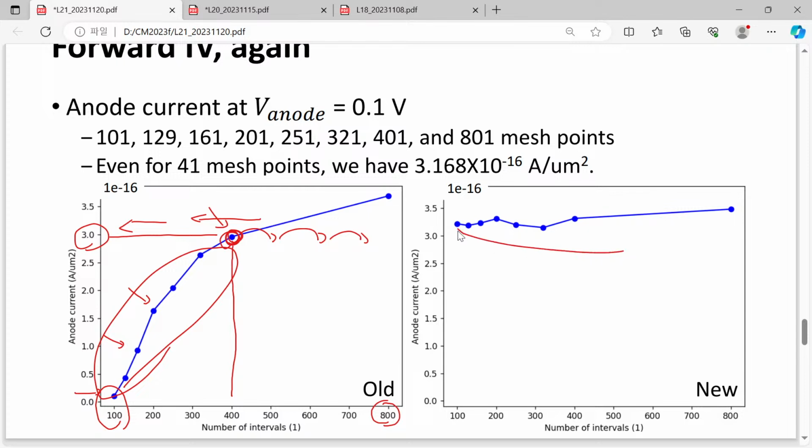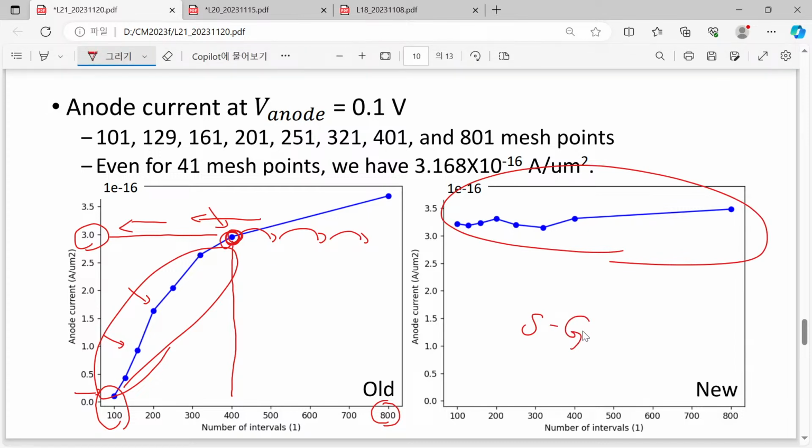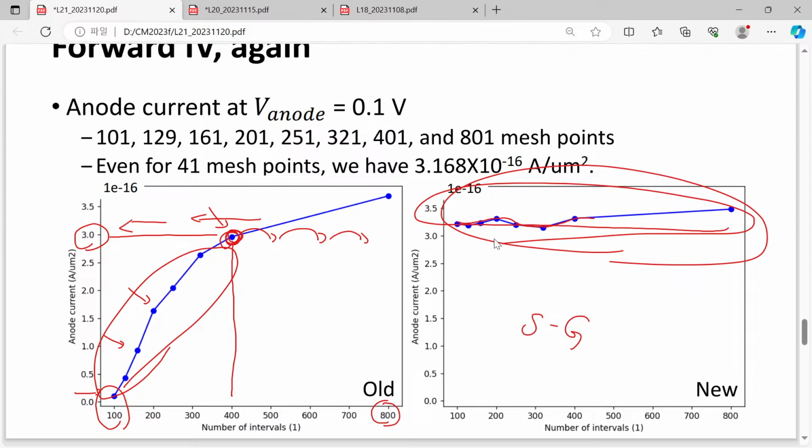However, when you have a look at the Scharfetter-Gummel scheme implementation, what happens? Even though it shows a little variation here, you can see that more or less its current level is stable. It means that even when you just use a relatively small number of points, like 100, it is guaranteed that your current is reasonably well matched to the solution of a fine grid.